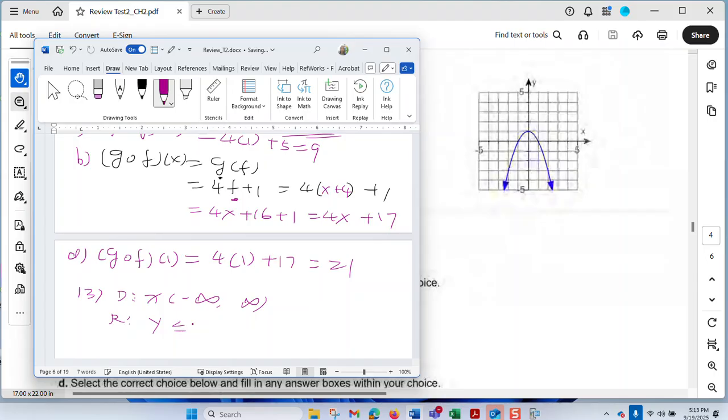That's 1, 2, 3, less than or equal to 1. But if you want to write it in interval notation, how do you write it? This will be from negative infinity to 1. All right, in interval notation you always write the smaller number on the left, larger number on the right. So that's something you will need to be careful about.